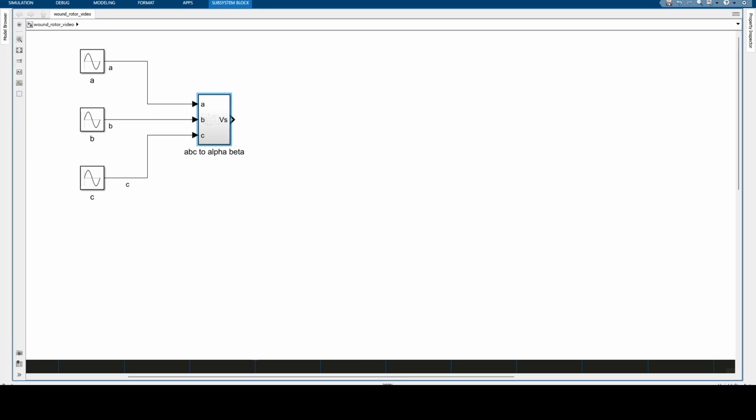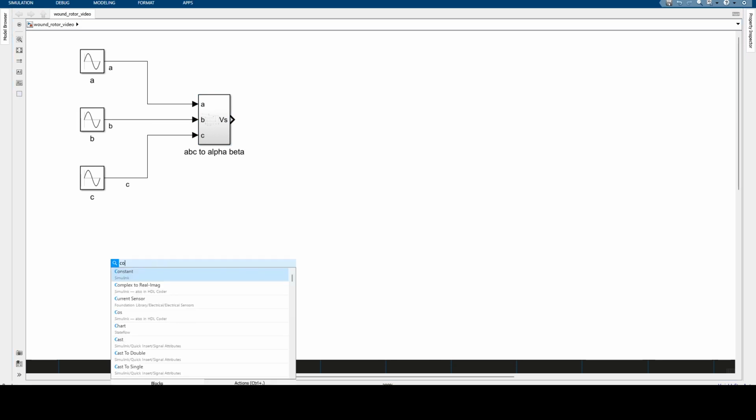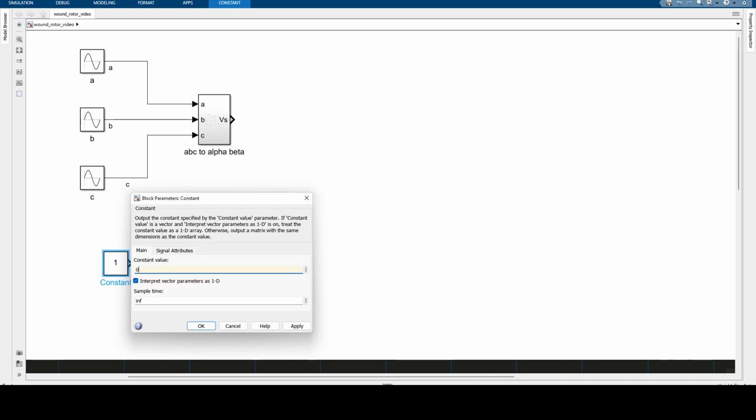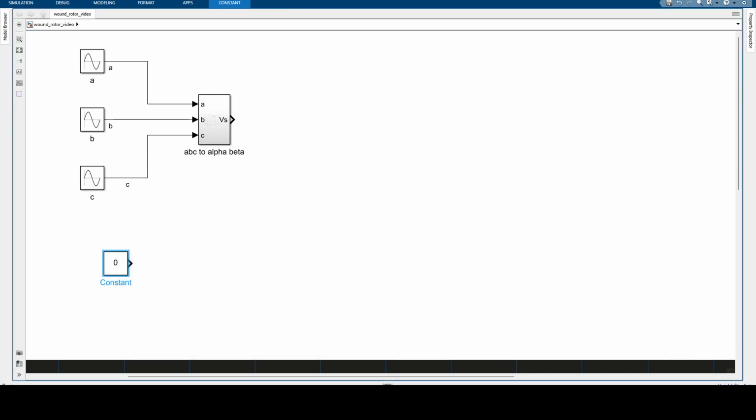So now we can do the same for our rotor voltage, but because this is a squirrel cage rotor, we don't have a voltage in our rotor. So this will be our ABC, but we don't have it.